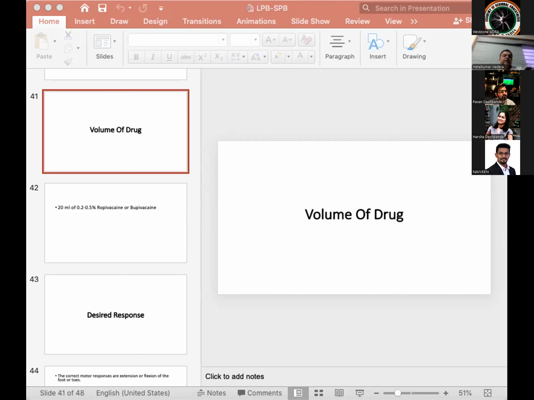Basically they are from L1, and they get some contribution from T12 also. That is the prefixed plexus, and they get some contribution from L2. Then when L1 and L2 join, they form which nerve? The genitofemoral nerve, right? Then the posterior divisions of L2, L3, and L4 form the femoral nerve, and the anterior divisions will form the obturator nerve.